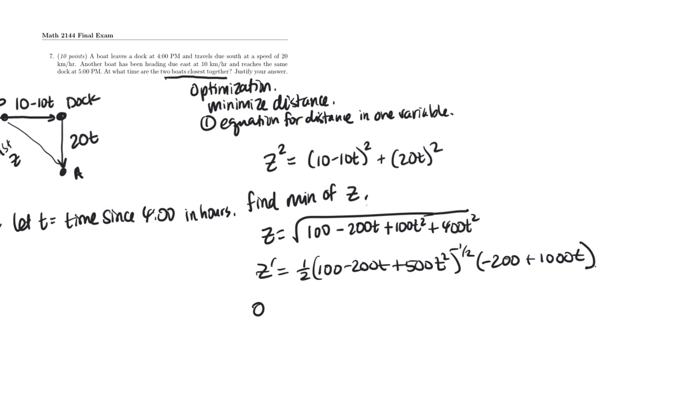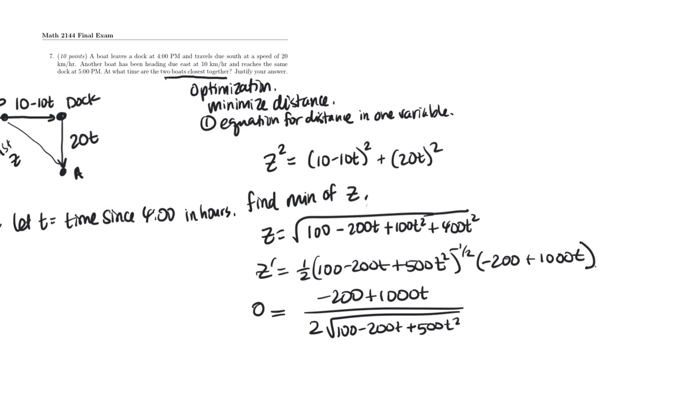And if I want to set that equal to 0, let me just rearrange this a little bit. I'll get 2 square root of 100 minus 200t plus 500t squared on the bottom, and on top I'll have negative 200 plus 1000t.